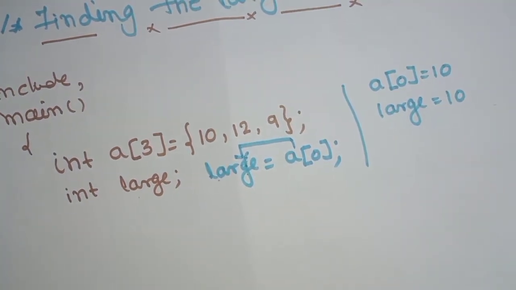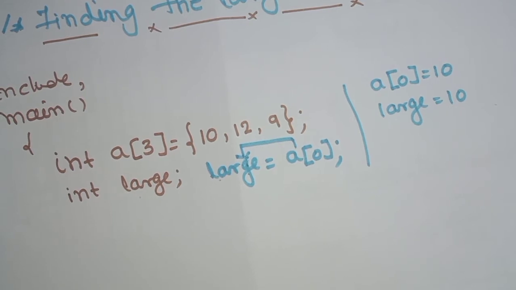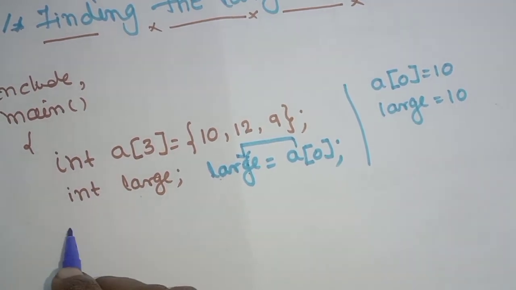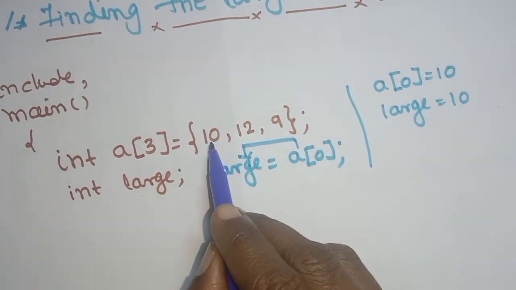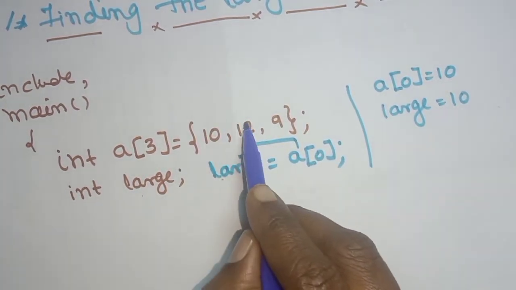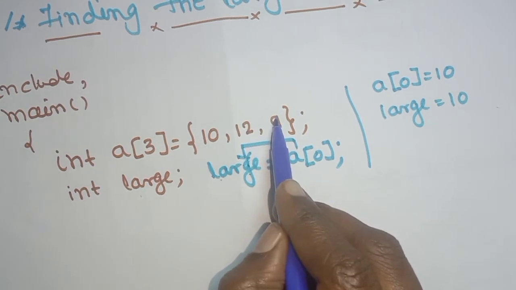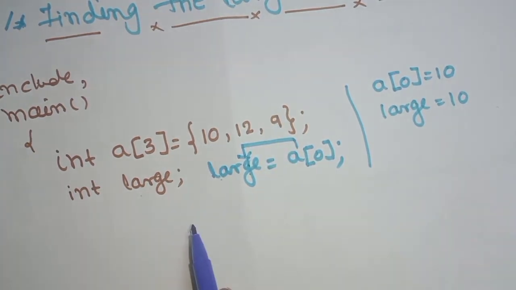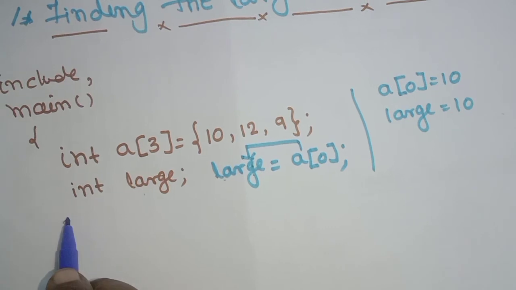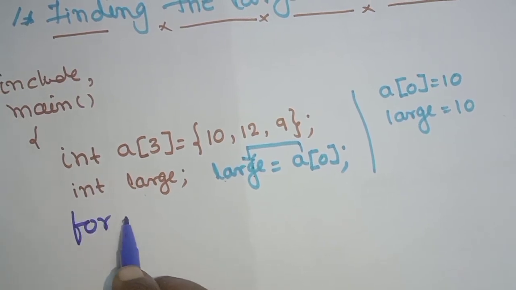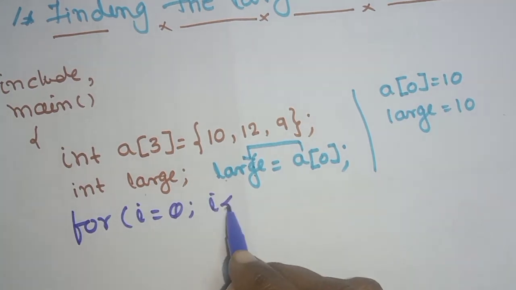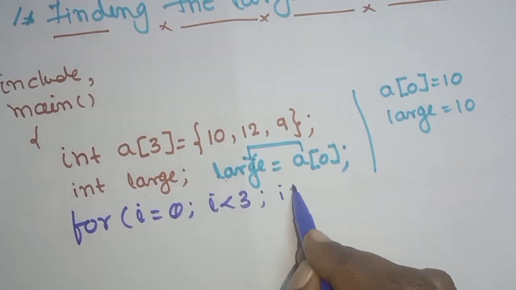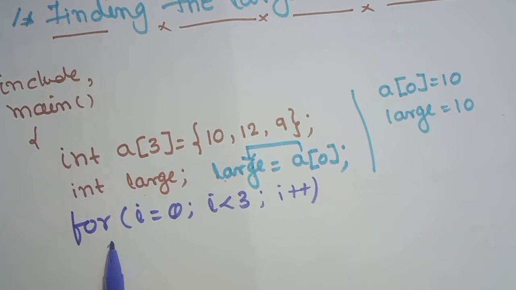Next, what I will do? We have to check how to find out the largest number. You are going to compare this with this, this with this. Finally, we are going to decide which one is the big number. For that, I have to take the for statement: for i is equal to 0, i is less than 3, i plus plus. What should I write here?